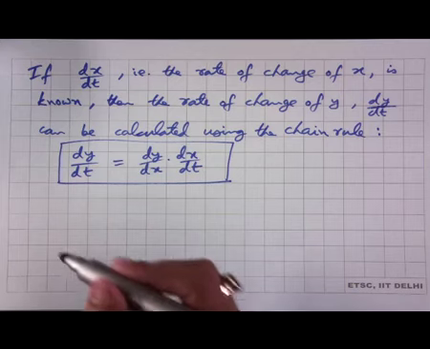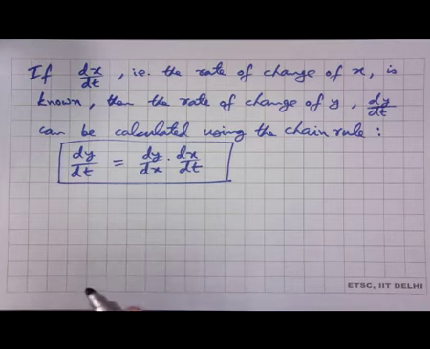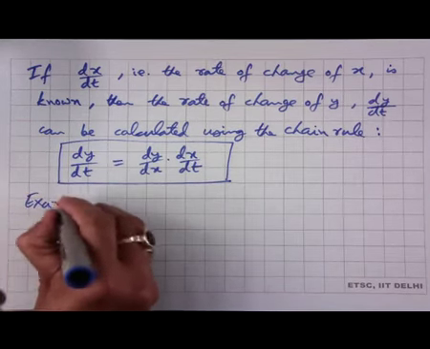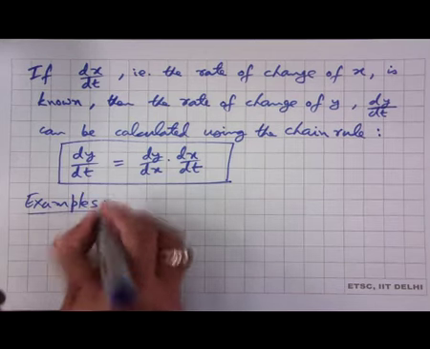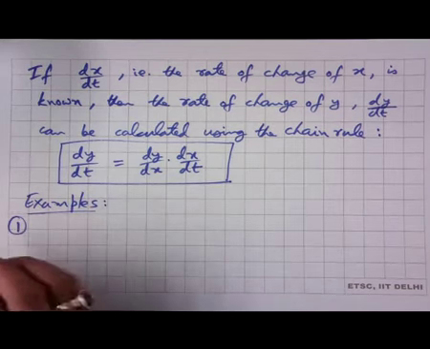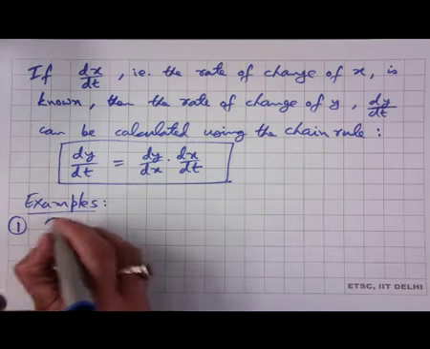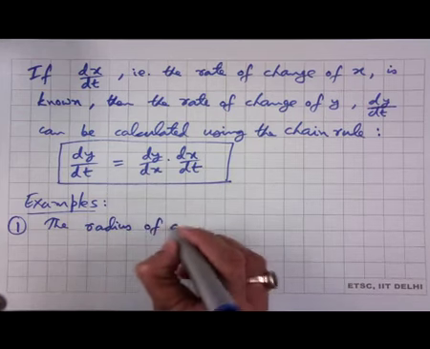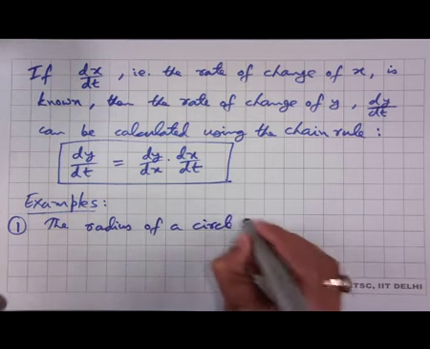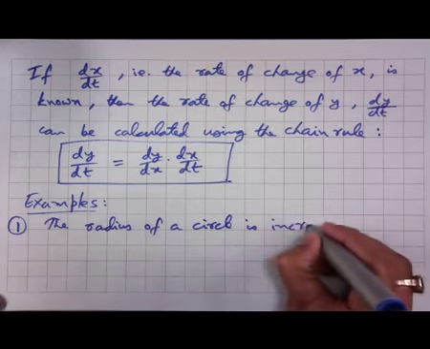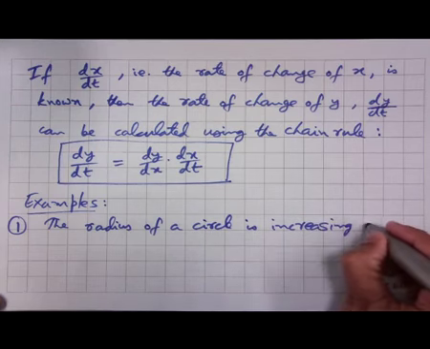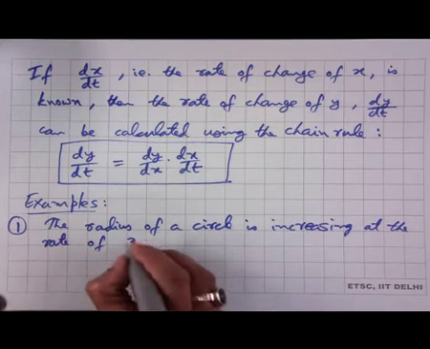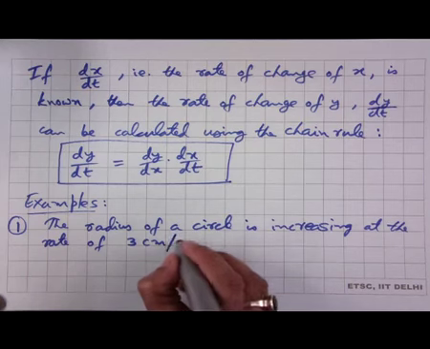So, let us look at some examples. The first example, suppose it is given that the radius of a circle is increasing at the rate of 3 centimeter per second.